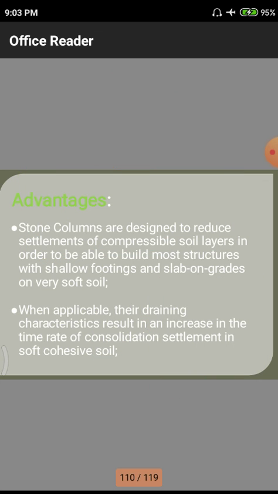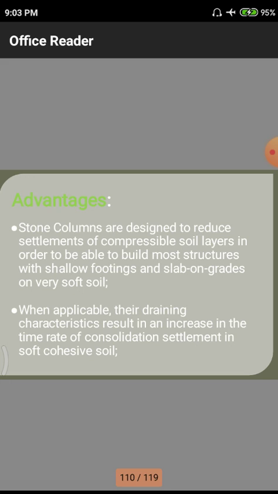To avoid these settlements, we need to install these stone columns using different vibro probes and filling materials in the soil, so that there is less chance of settlements occurring.